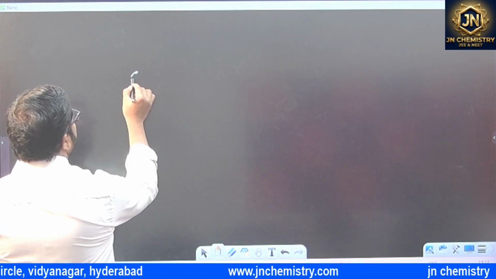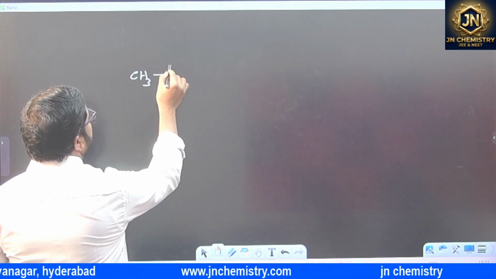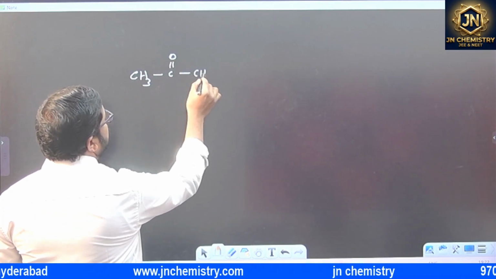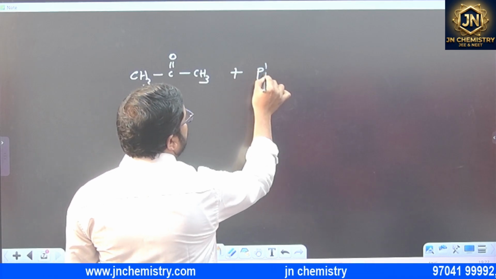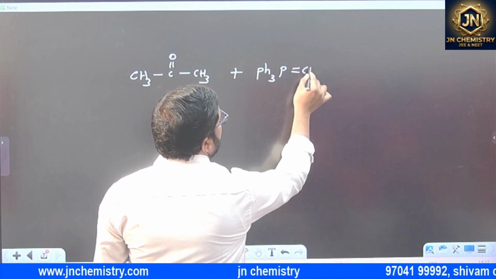So now write the products further. Simply, whenever the questions are given like this, CH3, C double bond O, CH3, with triphenyl phosphine.